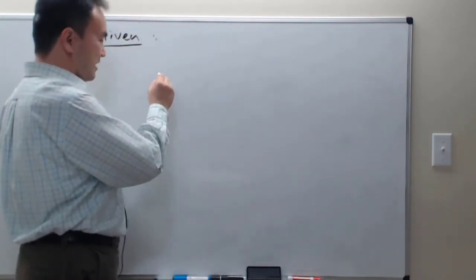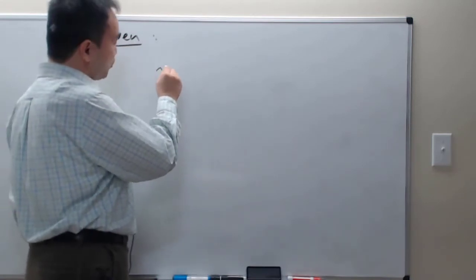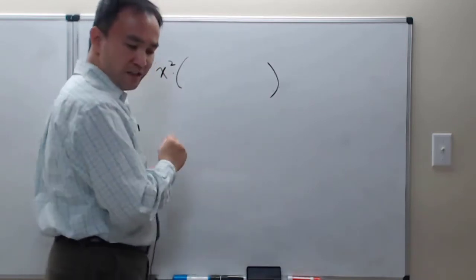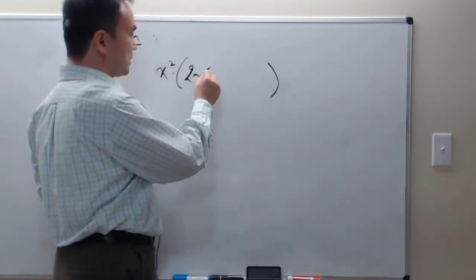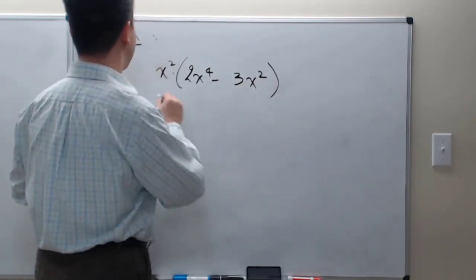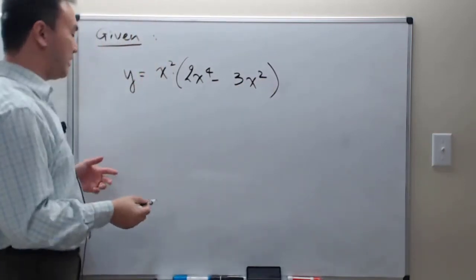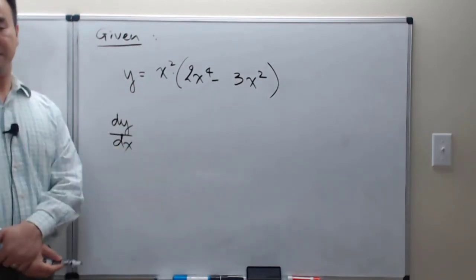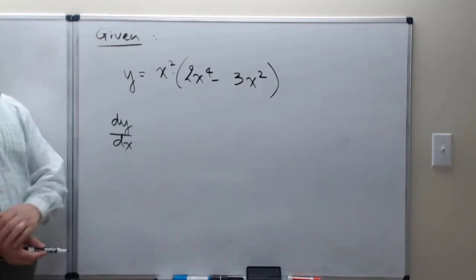So let's say we're looking at x squared in product with, in parentheses, 2x to the fourth minus 3x squared. Here's our function, and we want to find dy dx. We want to find the derivative for this function.